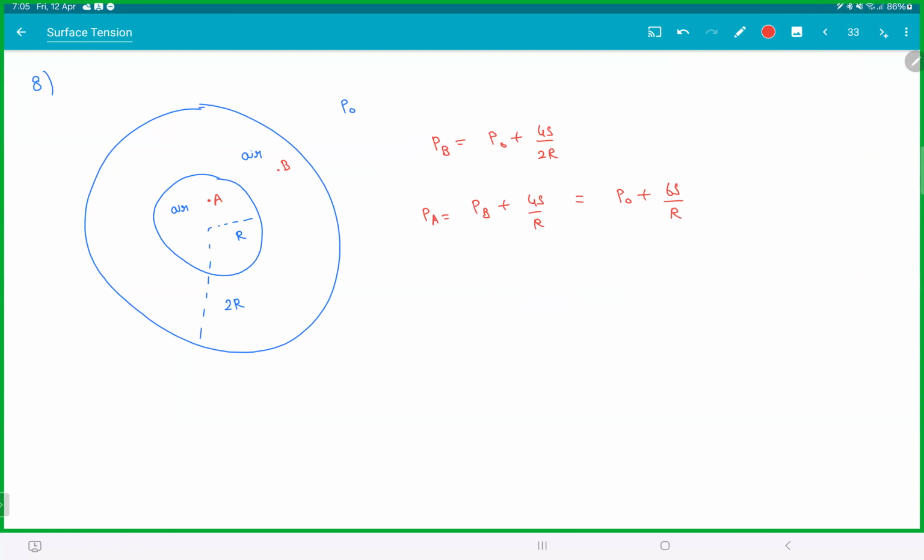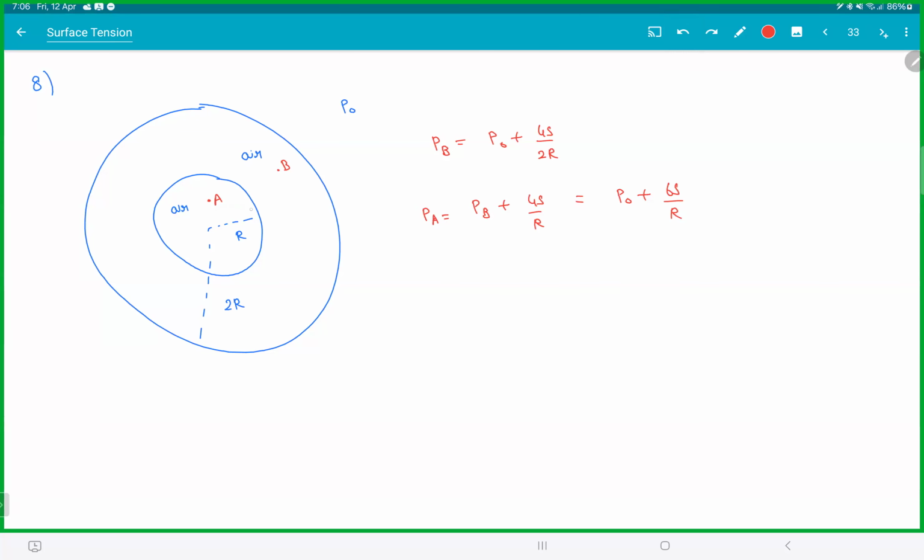Clear? Clear, no, Monica? Do adjust your camera, Monica, can't see you. Others? What about the second question? Now, if I pop this bubble, the air will leak and the radius of the one bubble will change. So what is the new radius?